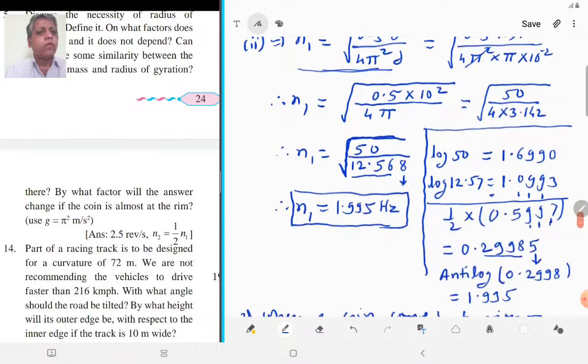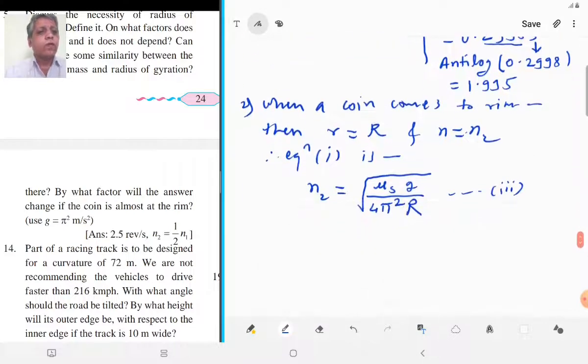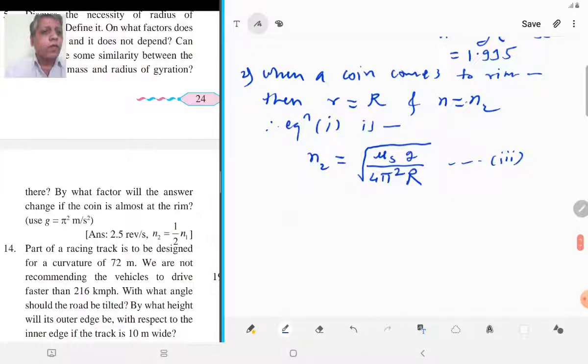Therefore N2 upon N1 is equal to square root of mu Sg.